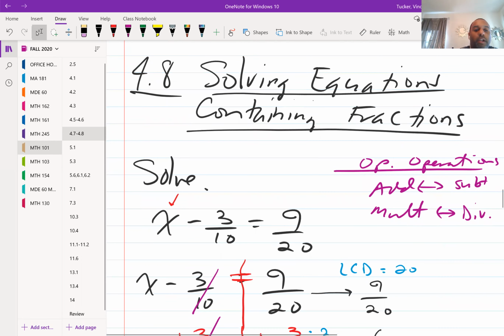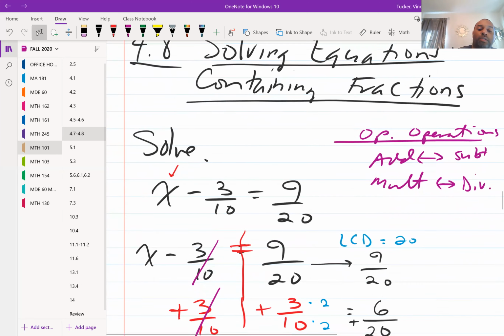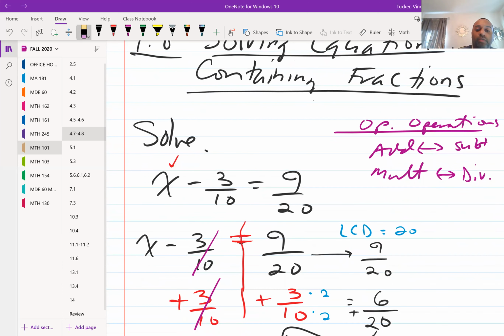And we solve these like we solve other equations without fractions, using your opposite operations, adding in order to undo the subtraction, multiplication in order to undo division, and vice versa. So, let me erase some of the stuff.